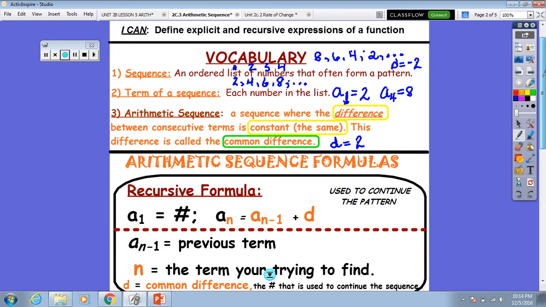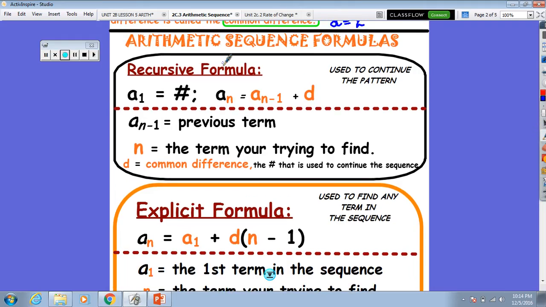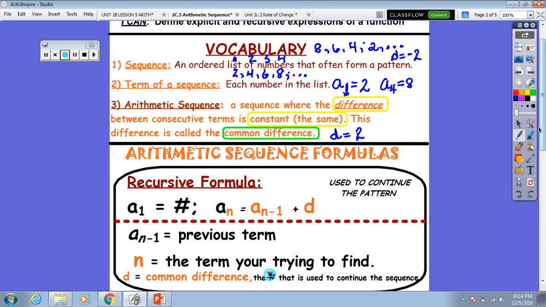Okay? So then you're going to be given 2 different formulas. They may ask you to write the formula in recursive form, or they may ask you to write it in explicit form. Okay? We use the explicit formula when you want to find a specific number in this sequence. So let's say we're looking at the sequence that I gave you above. Let's look at the first one.